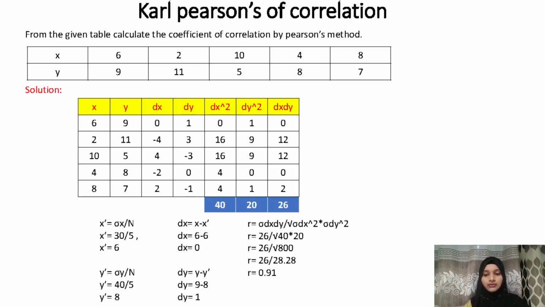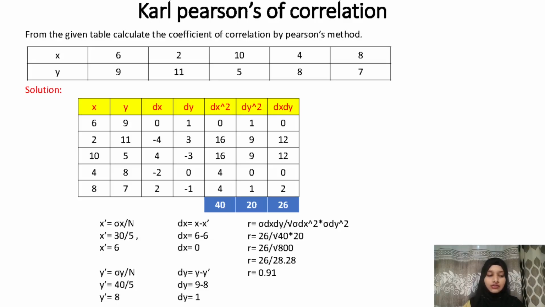Now we can move to our problem. There is given data. We basically solve this in four steps. First step, calculate the mean of x and y series. Second step, calculate the deviation of variable x, that is x minus x bar, from the mean, dx.